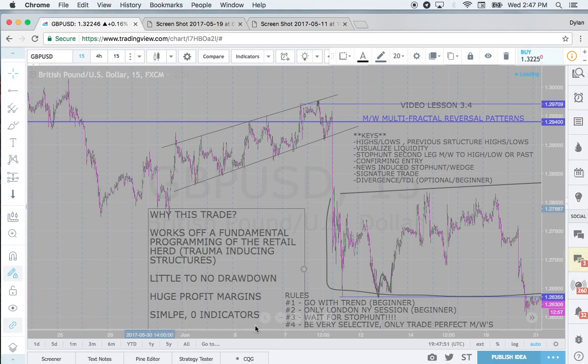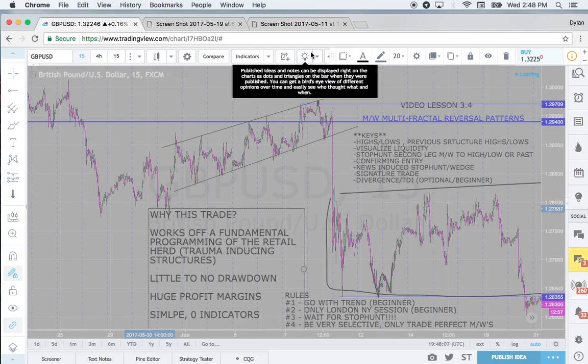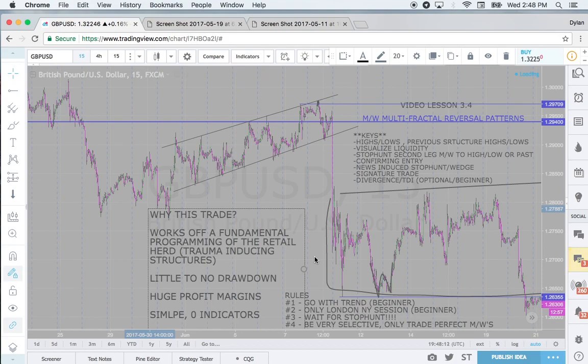Simple, zero indicators. You can trade these M and W formations with zero indicators. I've been doing this for a very long time, trading with zero indicators. I did start with just using one indicator, actually two, EMAs and TDI or RSI. They both helped me a bit, but I grew out of them.